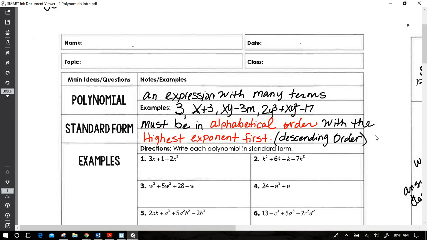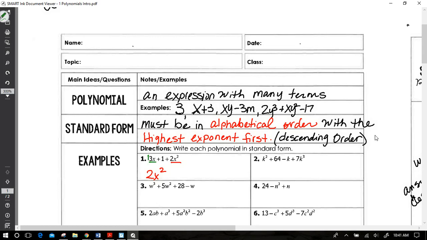So in example number 1, I have a 3x, I have a 1, and I have a 2x squared. Are any of those like terms? And the answer is no, they're not. So in the past, I would just say, well, just leave it alone. There's nothing to do. Move on to the next problem. But here we need to put it in the proper order. So the highest exponent is 2x squared. So that has to come first. After that, I need to put the next smallest exponent, which would be 3x.